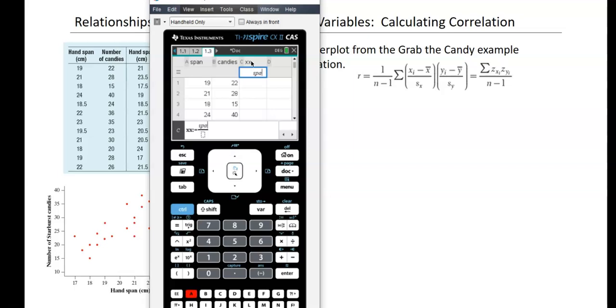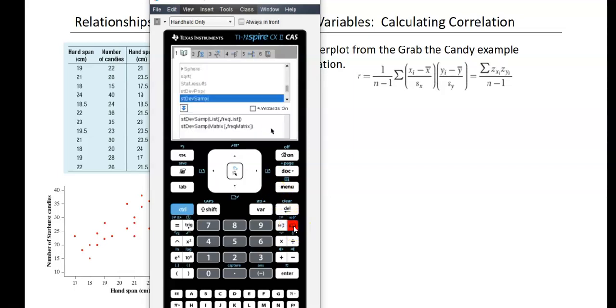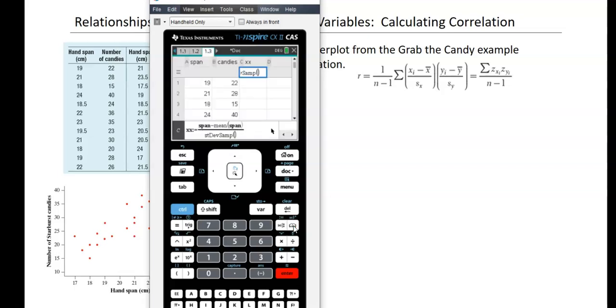I'm going to put in span there, that's my x1, each one of those values, 19, 21, 18, minus the mean of span. Just follow along. I'm subtracting the mean of that whole list. Then I'm going to get standard deviation. I don't remember the command, so I'm going to go here. It's called standard deviation of the sample, of span. I'm getting the standard deviation of span. I'm going to press enter, and it should generate all those different values.